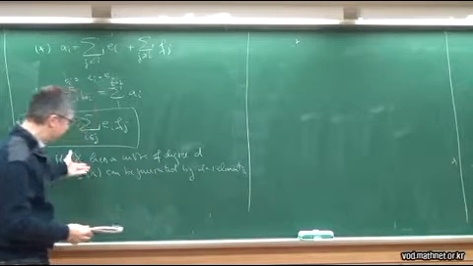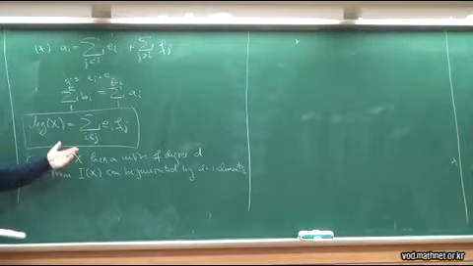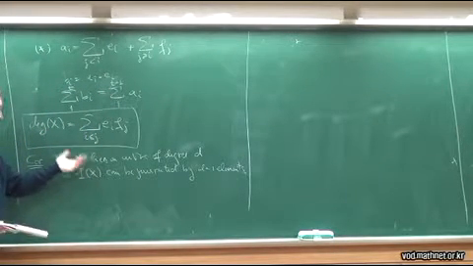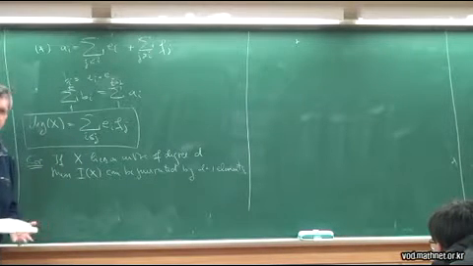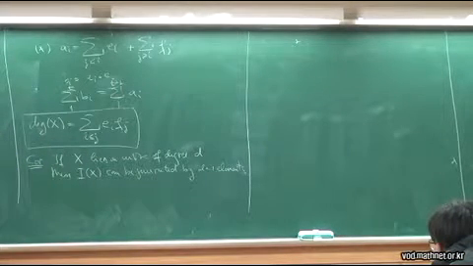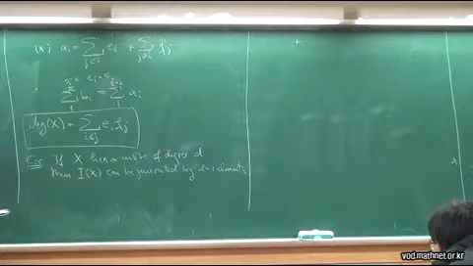And this doesn't require any bound on the degree of x. It's just the fact that x lies on a curve of certain degree. And the proof is very simple.